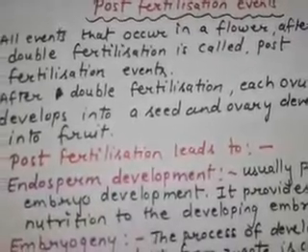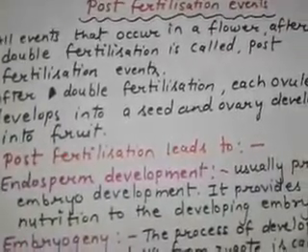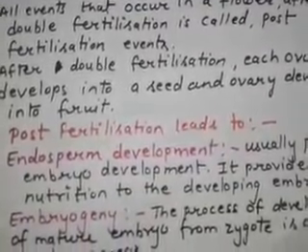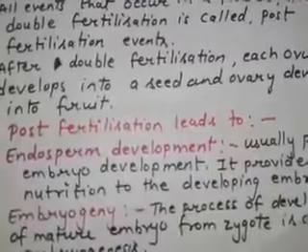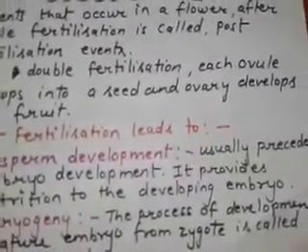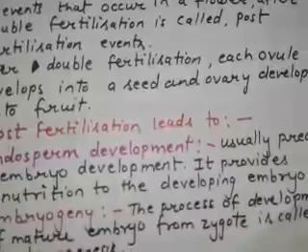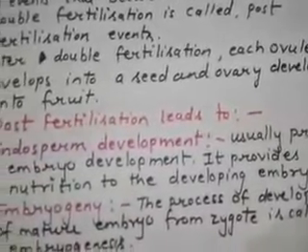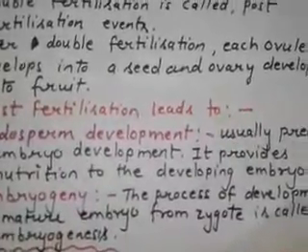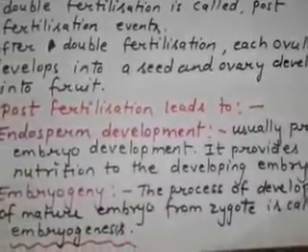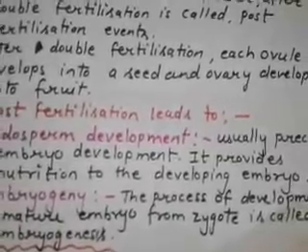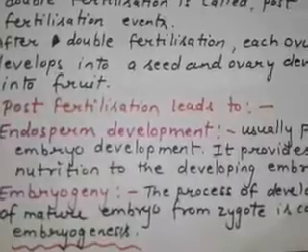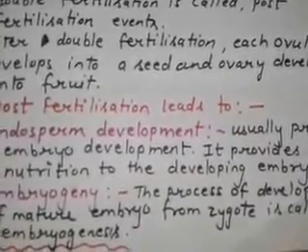Each ovule develops into a seed and the ovary develops into fruit. Endosperm development usually precedes embryo development and it provides nutrition to the developing embryo. Second is embryogeny. The process of development of a mature embryo from the zygote is called embryogenesis.